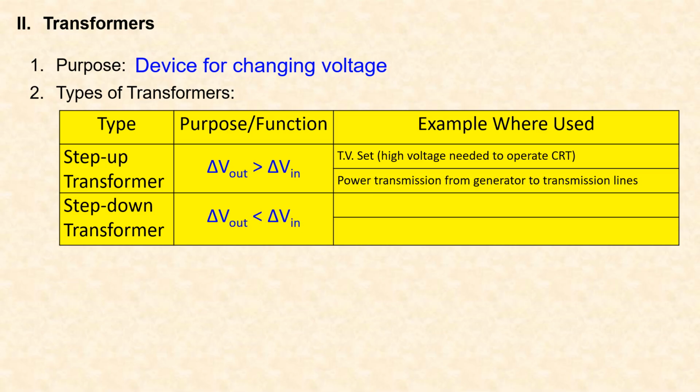A step-down transformer does exactly the opposite. It is a device that provides a smaller voltage out than is put into the device. So, for example, electronic devices that have become so popular in today's society usually operate on much lower voltages.